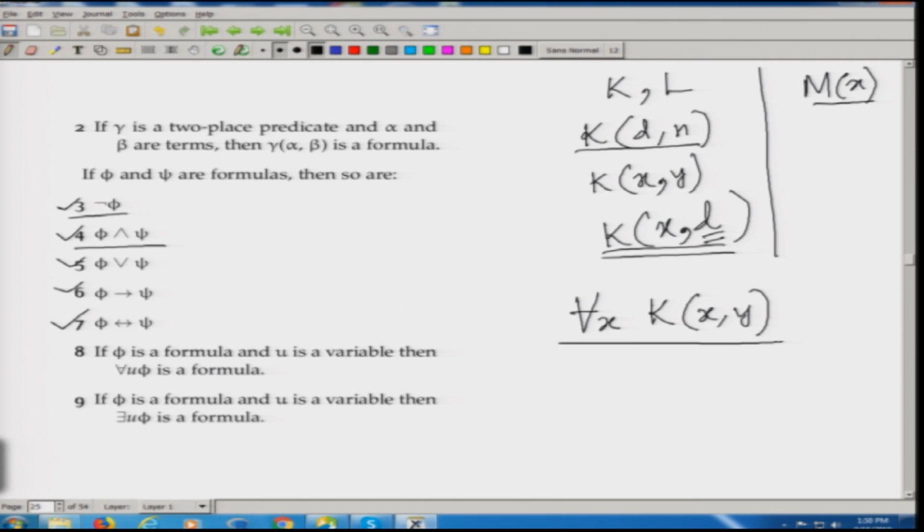And if phi is a formula and u is a variable, then so is some u, where my u goes to x or y or z; this also is a formula. So these are all formulas. Now, if this is a formula, I can anytime add this, this also is a formula. So all these are formulae.